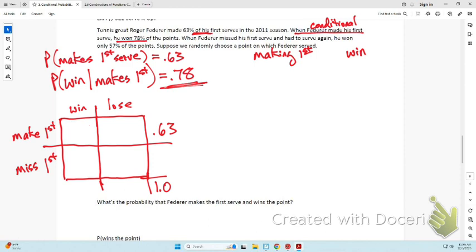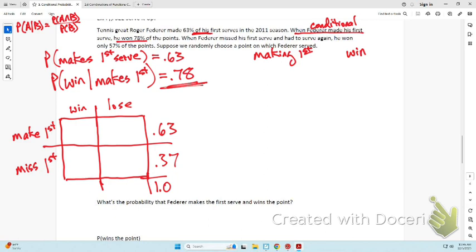So I could fill in this missing piece, but that's all I can do. I can't say more than that. But what I can do is use the formula of A given B to solve for the intersect of win and makes first.